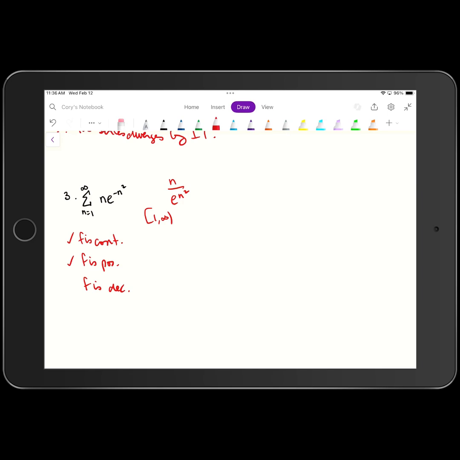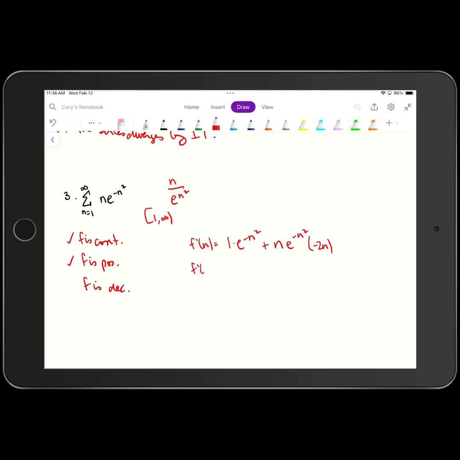So I'm going to differentiate this. So f prime of n, using product rule in conjunction with chain rule, will be the derivative of the first, which is 1, times the second, e raised to the negative n squared power, plus the first, n, times the derivative of the second, which is e to the negative n squared power, times the derivative of the exponent, negative 2n.